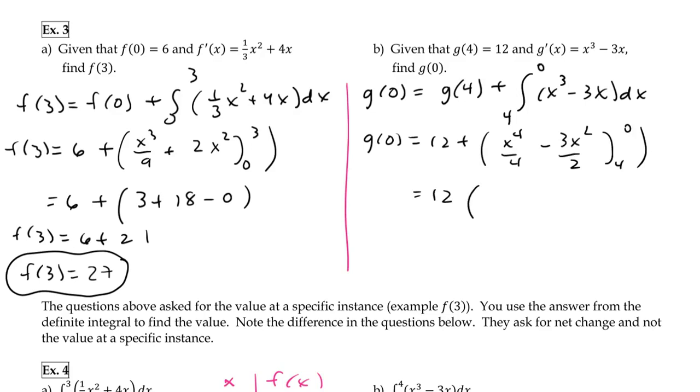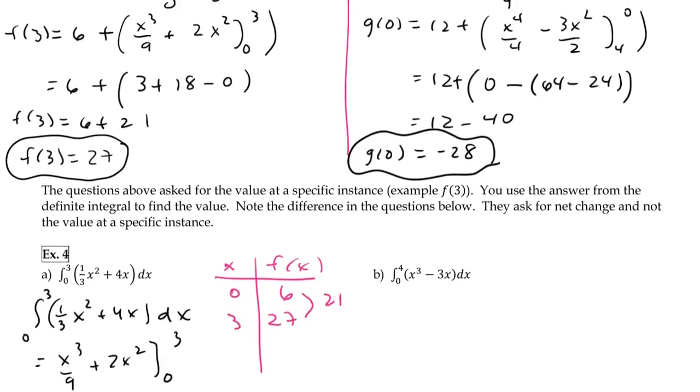Now if I sub a 0 in, everything's 0, minus, now if I sub a 4 in, 4 to the 4th over 4, that's like 4 cubed, which is 64, plus 4 squared is 16, divided by 2 is 8, and 8 times 3 is 24. Oh, forgot my plus sign there. Okay, so this is going to give us 40. We have a negative 40, so I'm going to have 12 minus 40. So g of 0 is negative 28.